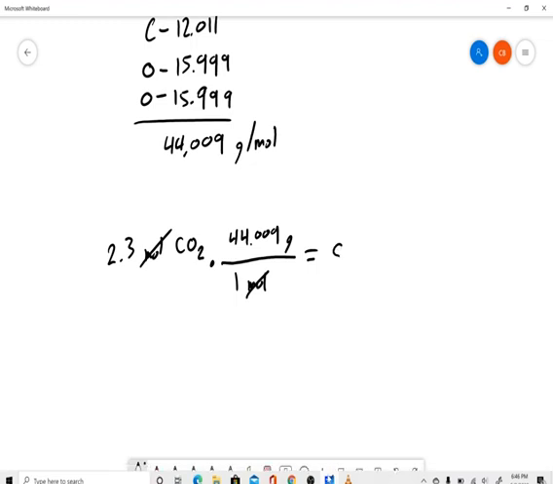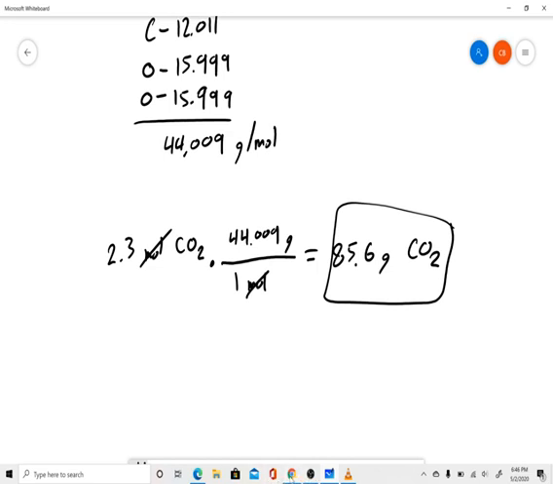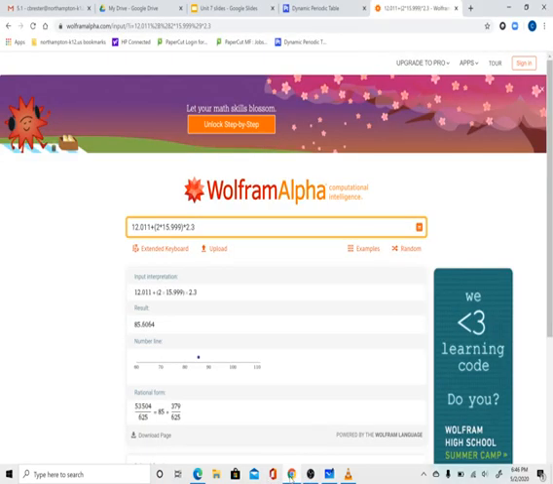So 85.6 grams of CO2. Is that right? 2.3 times 44. It doesn't feel right.